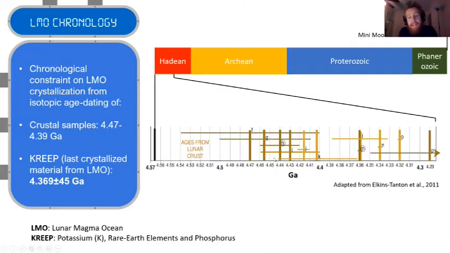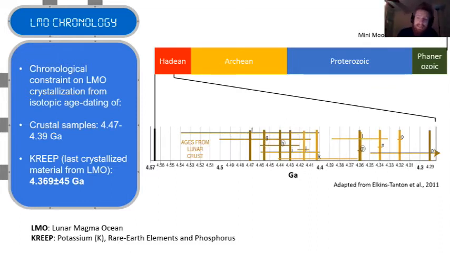And here on this close-up, you see a few points which correspond to age estimates of samples of the lunar crust. And the horizontal lines are the error bars.